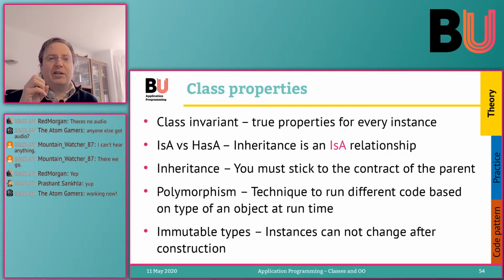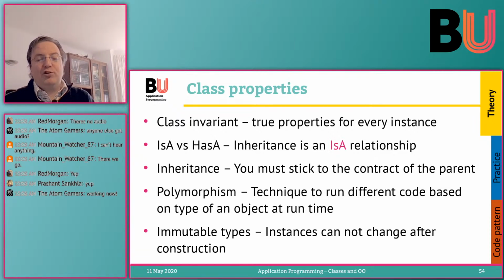And you should not express a relationship that is best defined with a has-a as an inheritance relationship, because an inheritance relationship is actually public. So inheritance means that you must stick to the contract of the parent. The parent has certain properties, it makes certain promises to its users, and you must stick to those. Everything that is valid to be done on the parent must be valid to be done on the child.